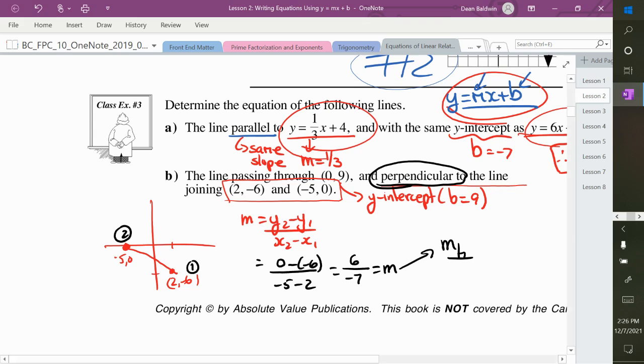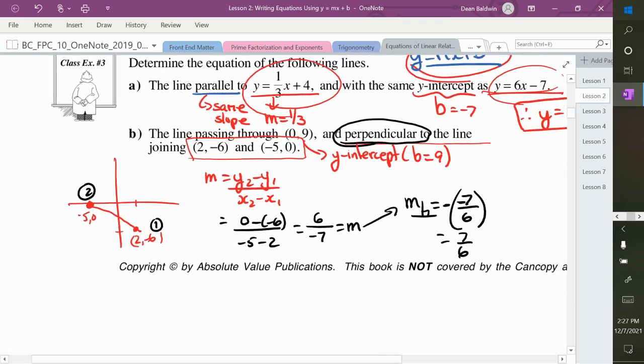So it becomes 7 over 6, and then I'll put a negative in front of it. So what happens to the negatives? They will cancel out. Let me write this out so it's a little more clear. So I got 7 over 6.